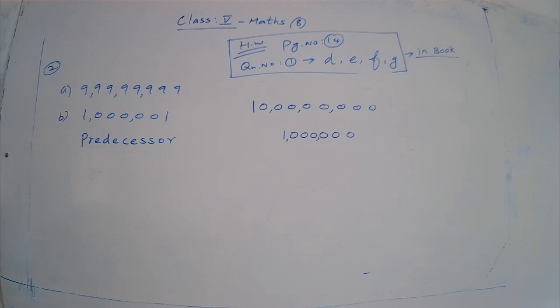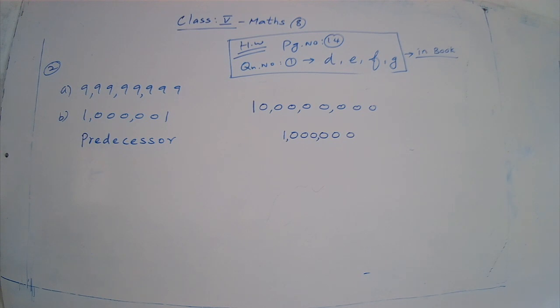100 million is the dash of 99,999,999. What is the answer? Successor. Yes? Here, what have they done? The number 99,999,999 increases, and we have 100 million. So what is it? It is 99,999,999 plus 1, the successor.